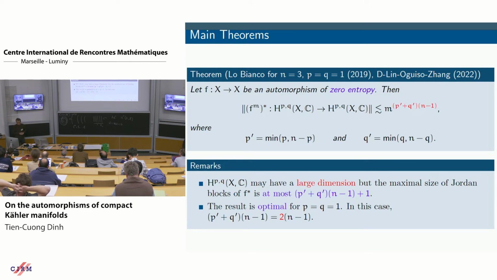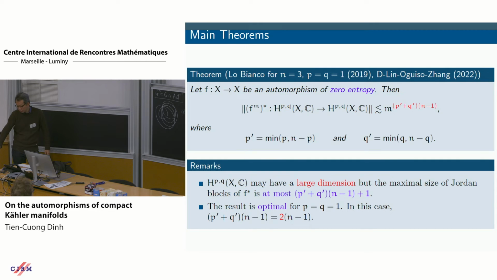And then you can measure the norm of this power of the matrix. And this norm is bounded by m to the power (p' plus q') times (n minus 1). Okay, so the formula is a little bit complicated. So p' is the minimum between p and n minus p. q' is the minimum between q and n minus q.